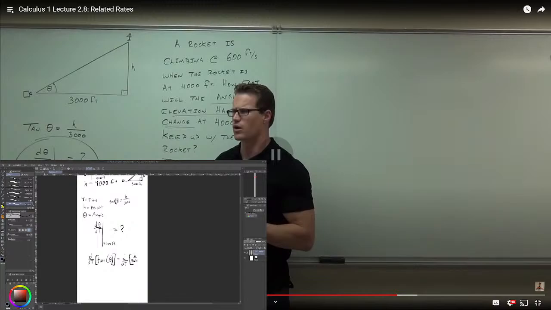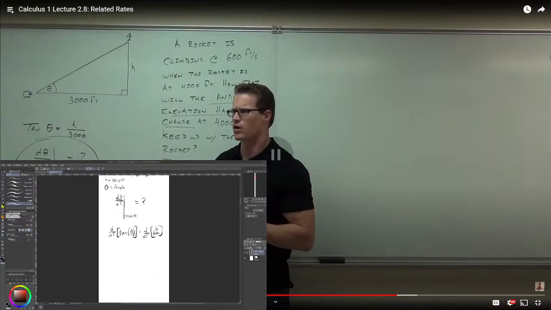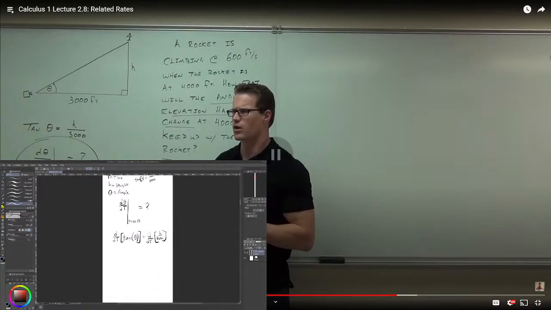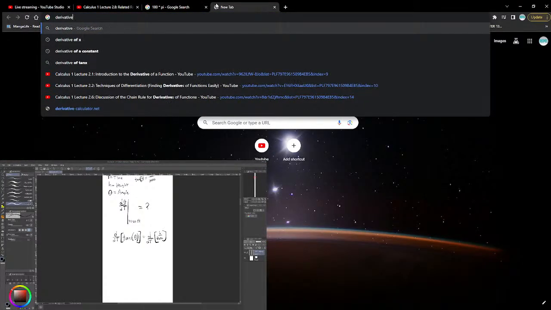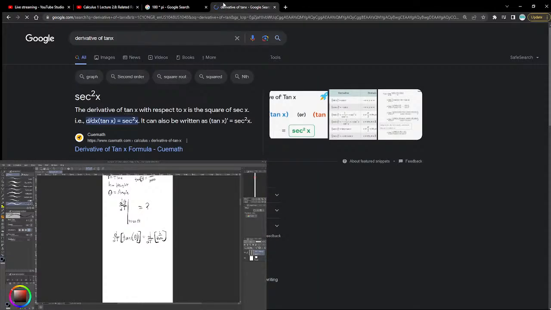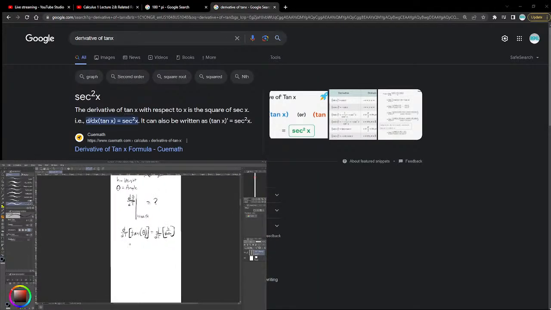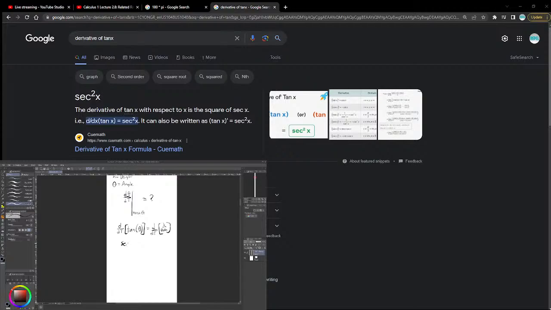Quotient rule. So derivative of tan, secant squared of theta.